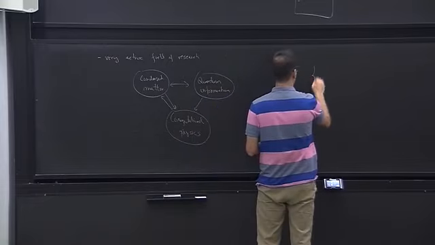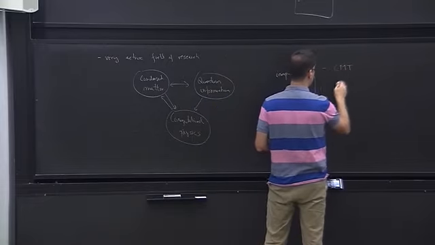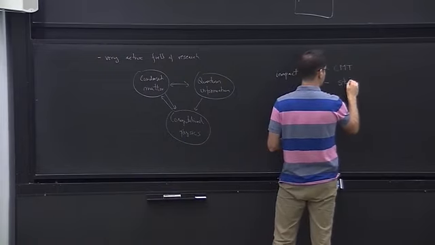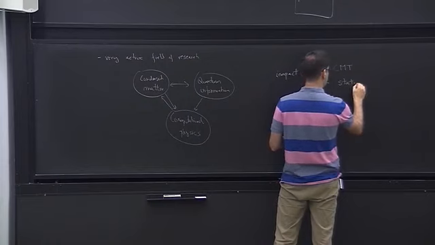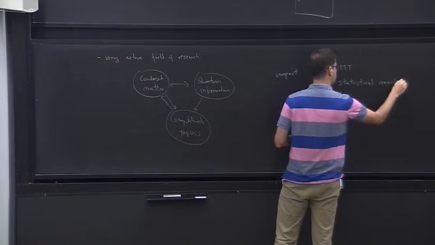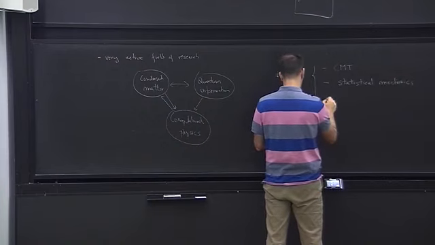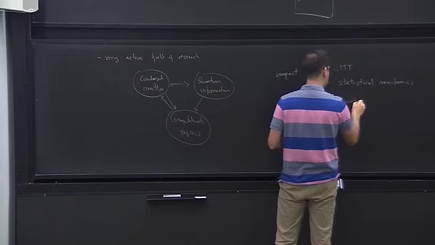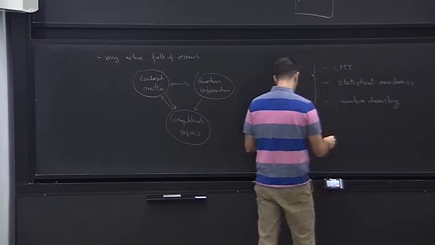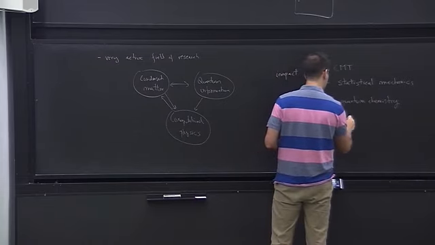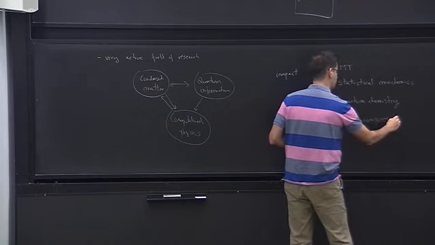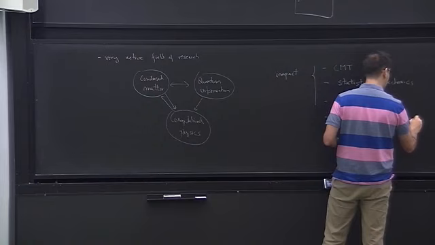To give you an example, it started with condensed matter theory, but nowadays, tensor networks are also used to address problems in statistical mechanics, also quantum chemistry, image compression, and machine learning.